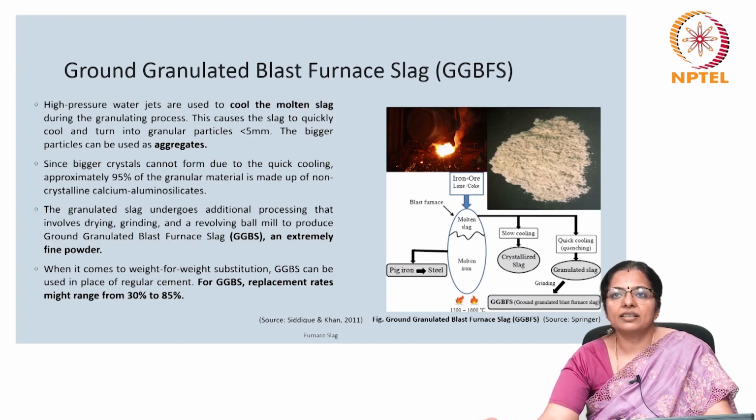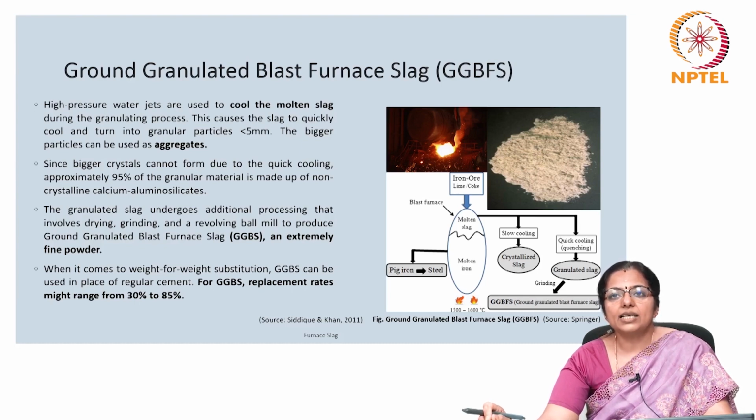These particles can thus serve as aggregates in various construction applications. The swift cooling process prevents the formation of larger crystals, resulting in approximately 95% of the granular material being composed of non-crystalline calcium aluminosilicates.